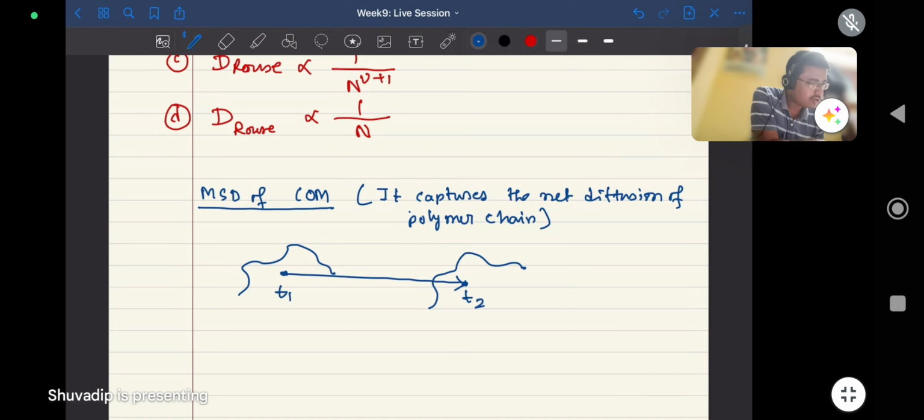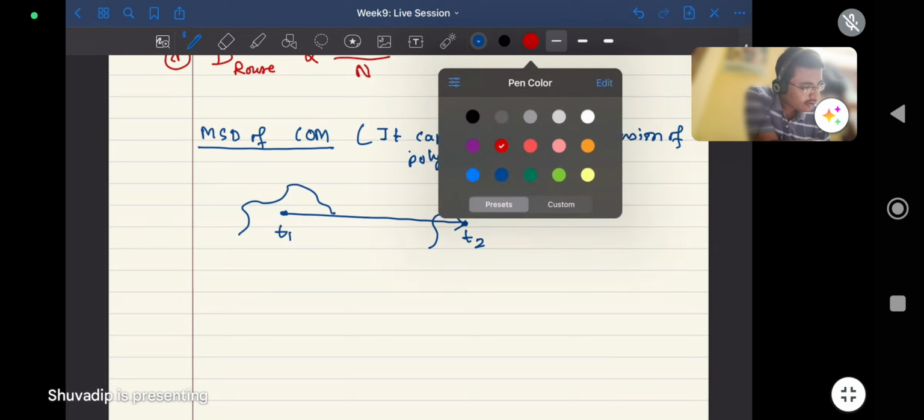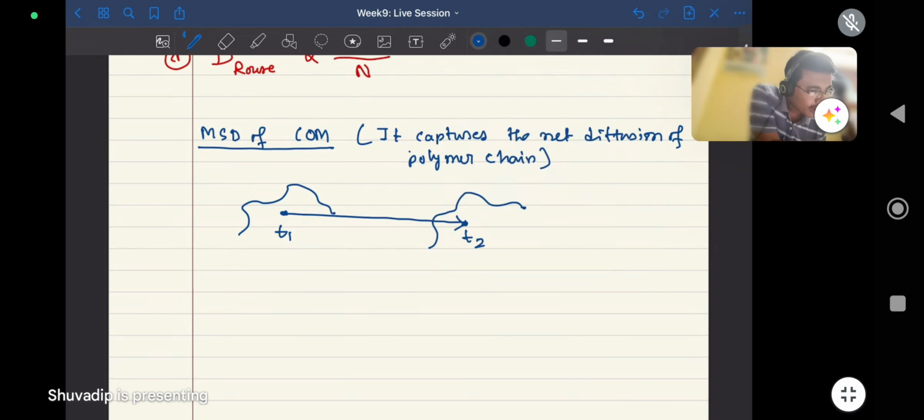So what we need to calculate here is R_CM at time t minus R_CM at t0, this whole square, averaged.